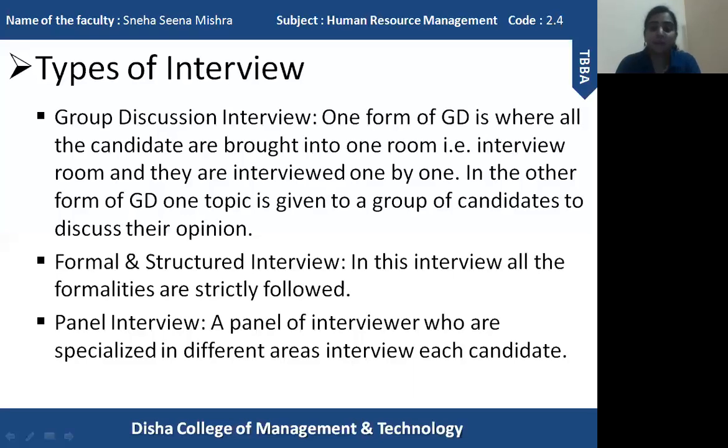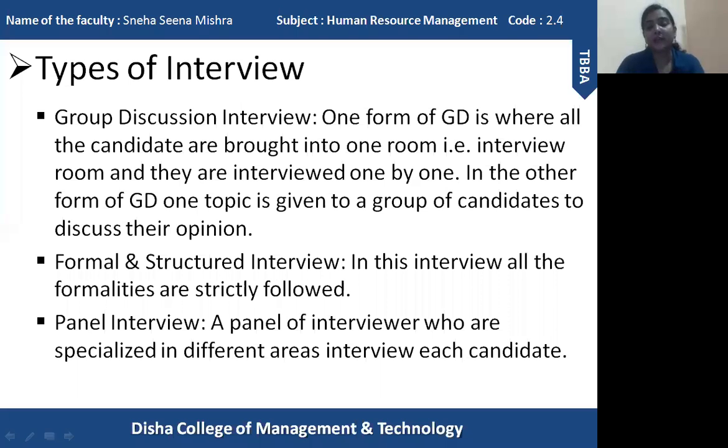Some may have specialization in public relations, some may be part of the human resource development department. These different kinds of specialists are part of the panel, and they ask questions regarding their specialization, and they measure to what extent a candidate has knowledge over a particular specialization or area. So that happens in the panel interview.